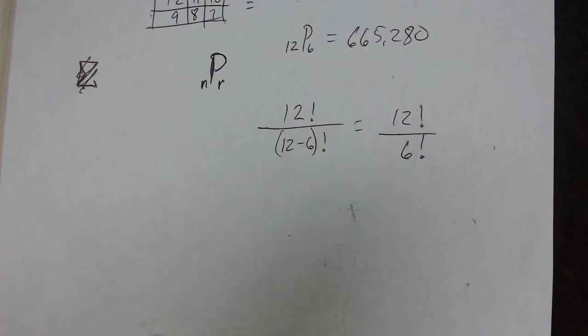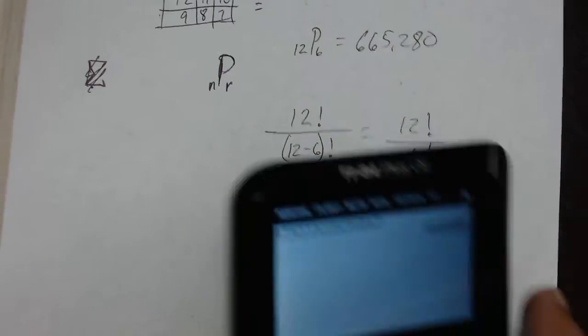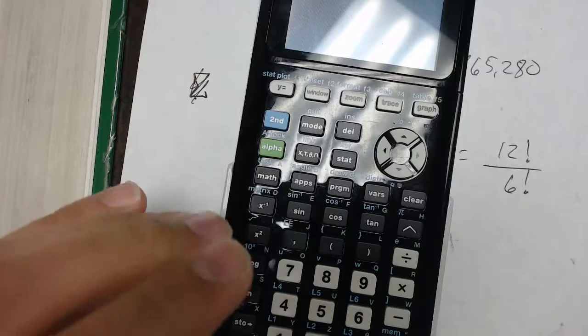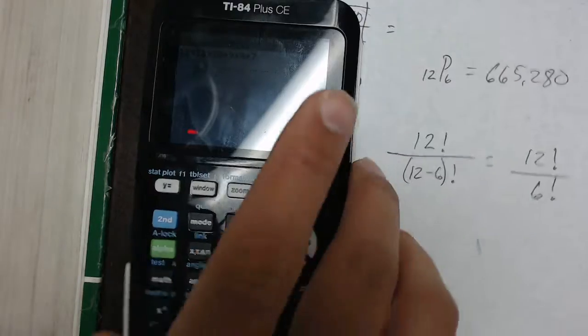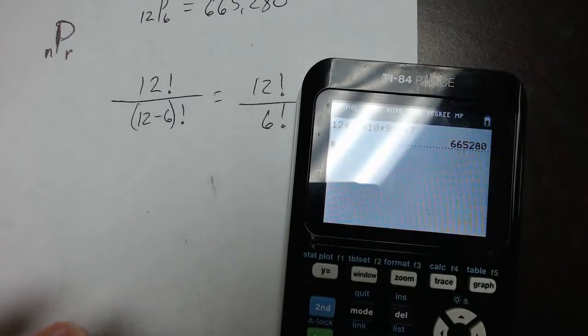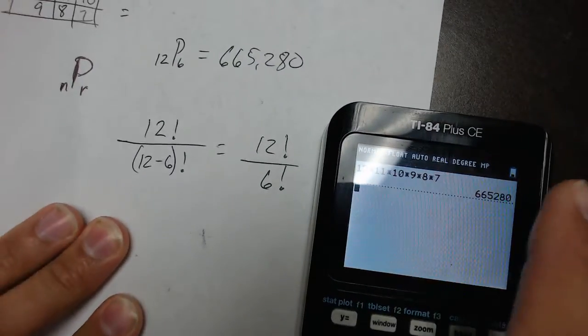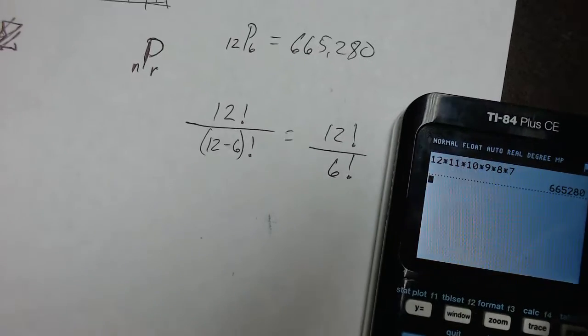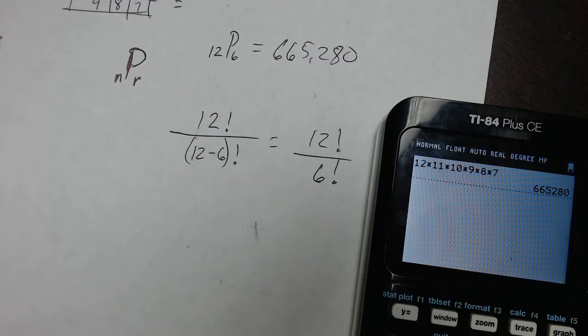Instead of having to type out a list of numbers like I just did here, where I only do the factorial down to 7, what I can do in my calculator now is type in the number 12. I hit math.